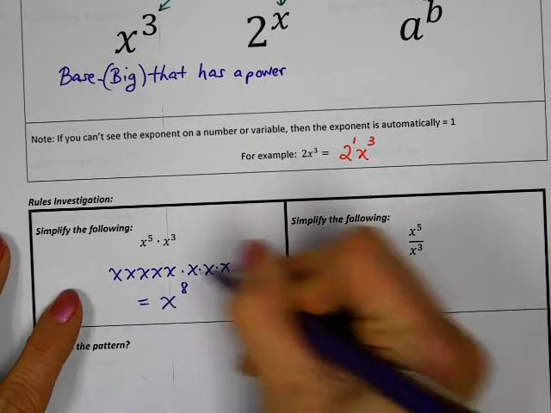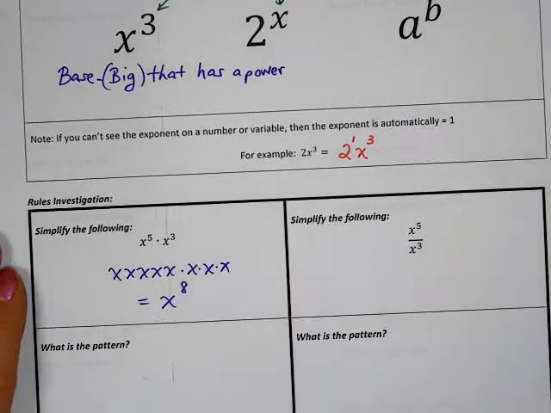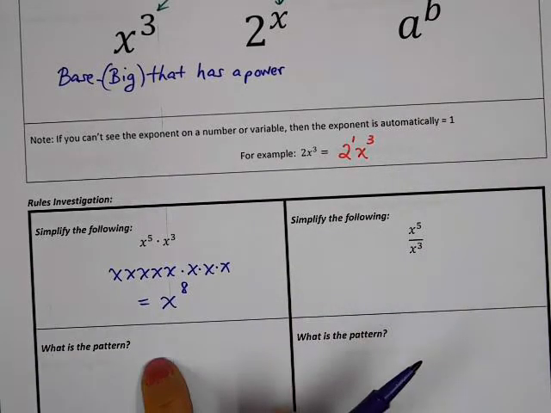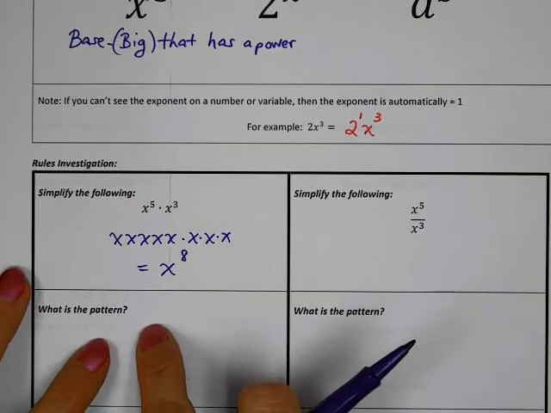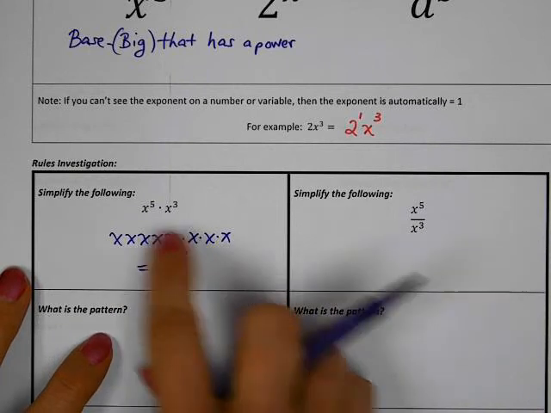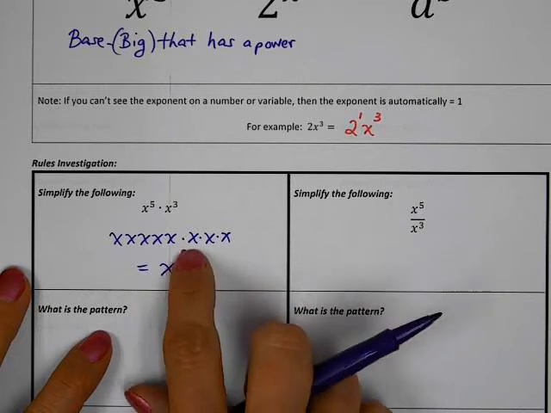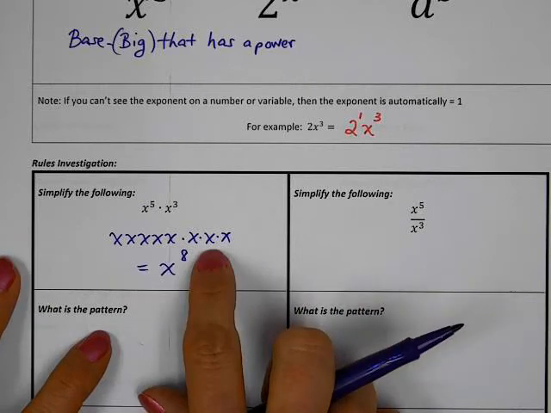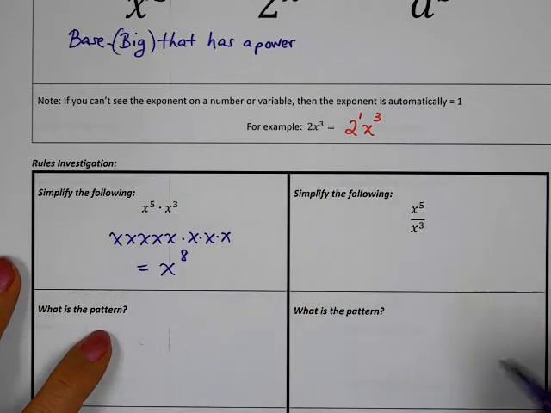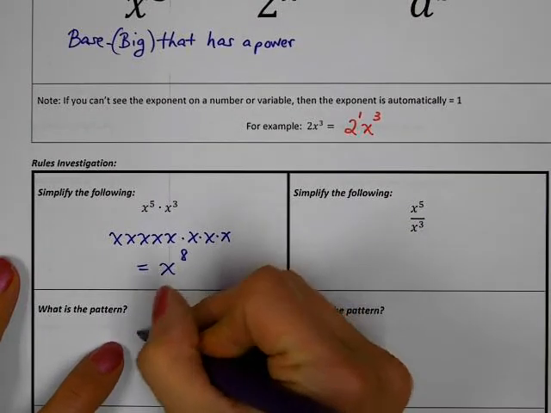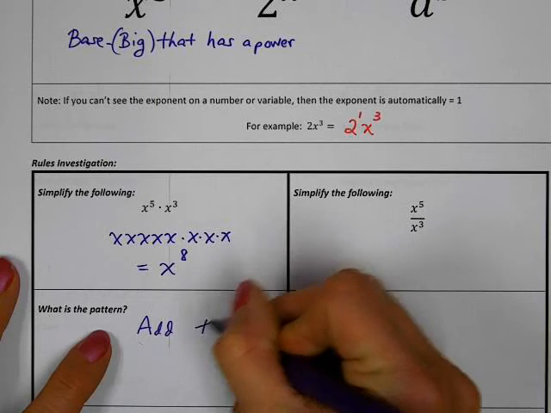So we expanded it and then brought it back. So what was the pattern that we realized? We don't have to expand them, especially if this said 500 and 300. If you have the same base, we're just going to add the exponents. So the pattern is add the exponents.